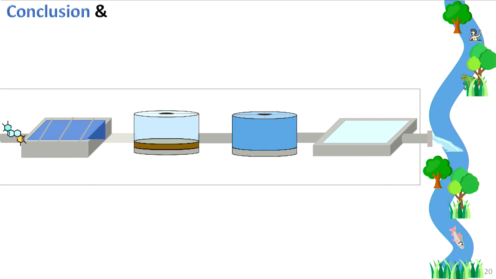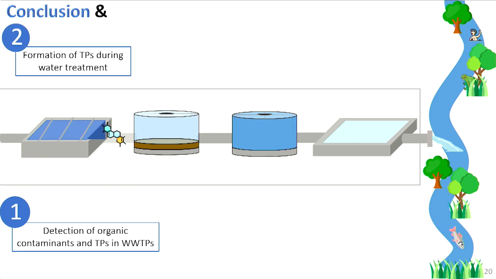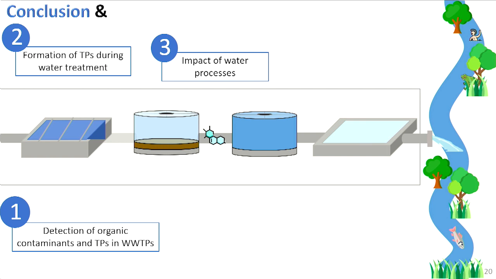In summary, the presence of organic compounds and transformation products was demonstrated in wastewater treatment plants during this work. Moreover, the formation of transformation products during wastewater treatment was also observed. Various treatment processes were investigated in order to evaluate their impact on the behavior of organic contaminants and transformation products.